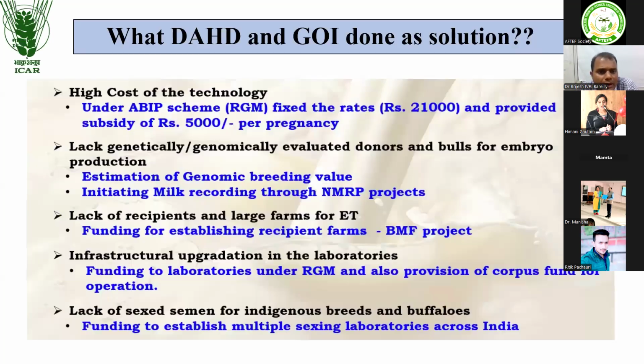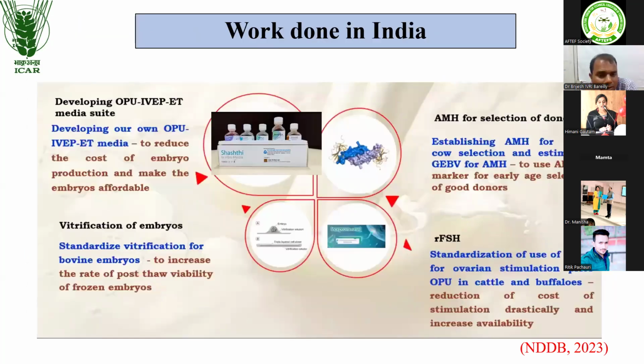Our Government of India is also giving RGM funding this time also, and has funded this. And there is some breakthrough research from India, because now we are getting all the media from abroad only. So NDDB has some media called Sasti, and it is effective.